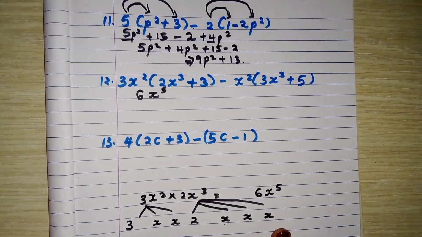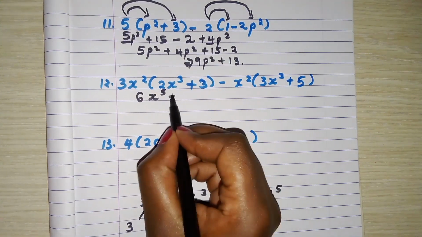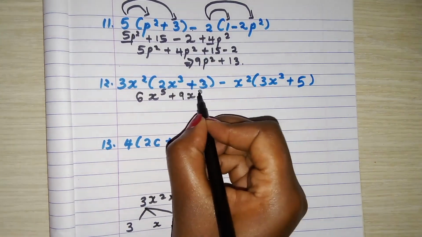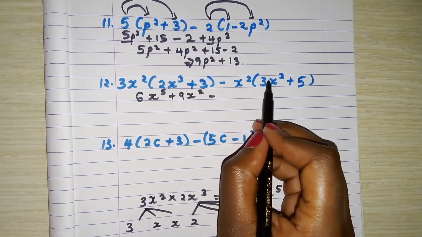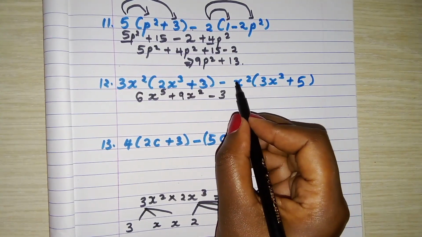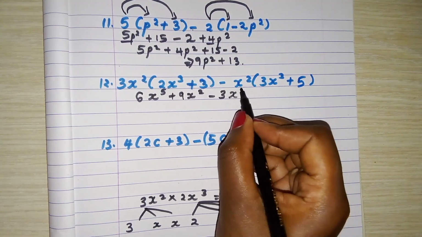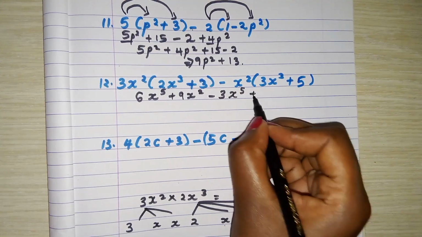Now we do 3x squared times 3. That will be plus 9x squared. Minus x squared times 3x power 3 would be 3, because 1 times 3 is 3, and then x power 5, because you're adding the powers.